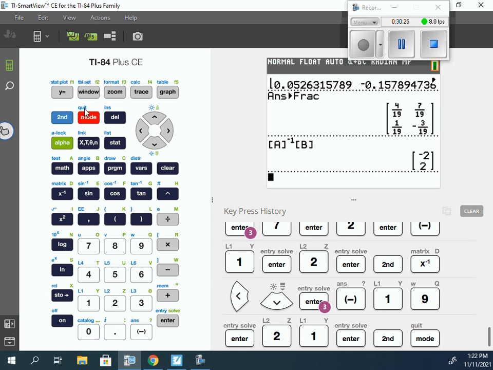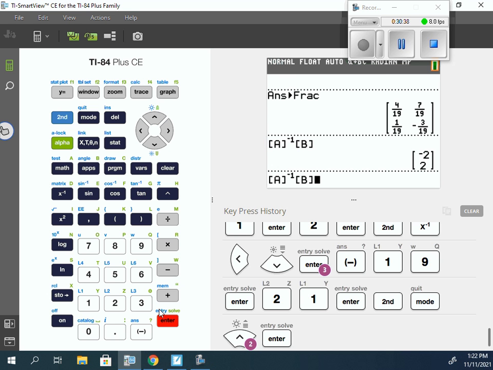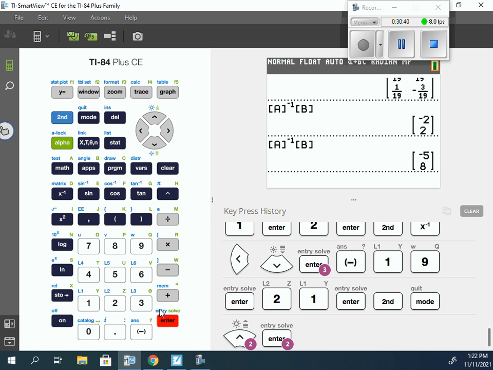And we're going to want to do what? Matrix A inverse times matrix B. Yes. We can type that back in, but we already have it typed in once, yes? So we can go up and select it, hit enter, and we get negative 5, 8.